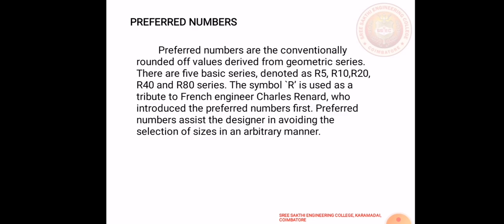Next, preferred numbers. Preferred numbers means conventionally rounded off values derived from a geometric series. There are five basic series denoted as R5, R10, R20, R40 and R80. By using these basic series, we can select the required spindle speeds based on the calculated step ratio value.